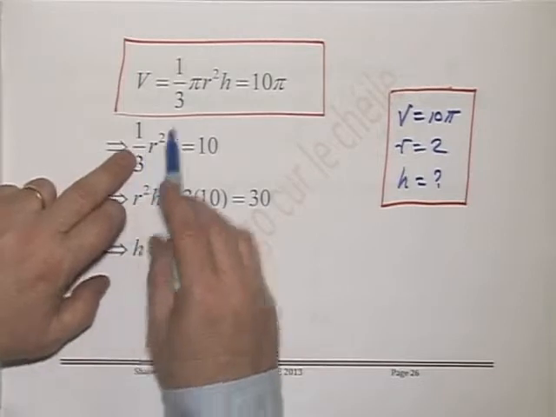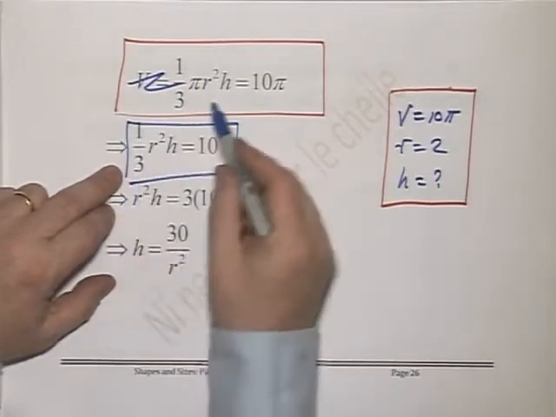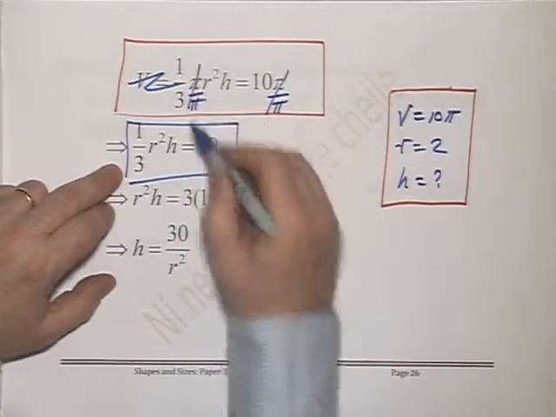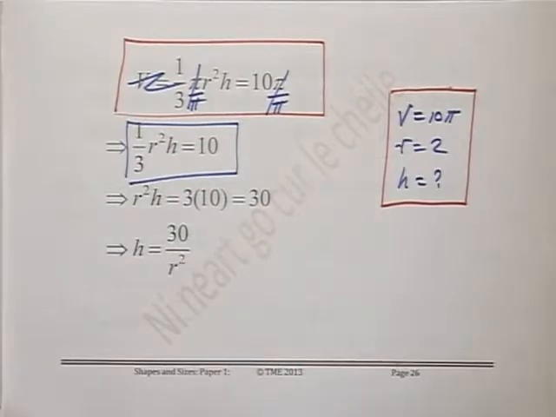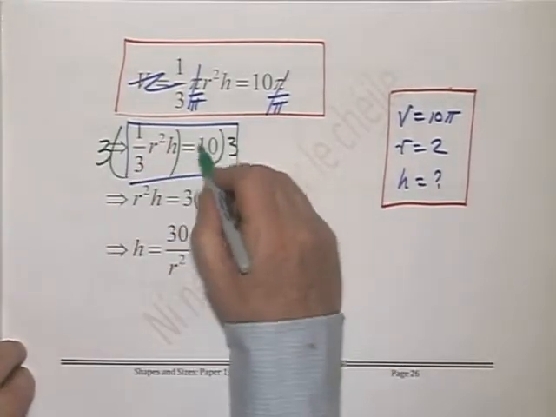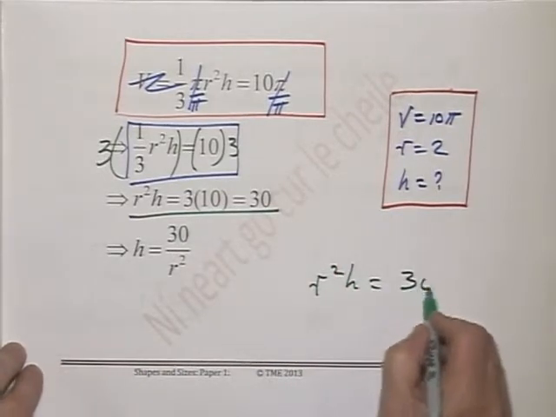Now, 1 over 3 pi r squared h, if I start simplifying, is 10. I got rid of the pi because I divided both sides by pi. It's getting better. The third I'm not fond of, so I'm going to multiply this side by 3 and this side by 3. And now it's r squared h is equal to 30.